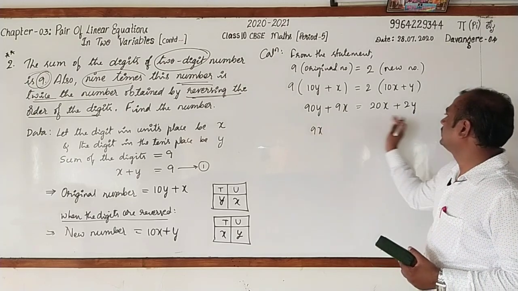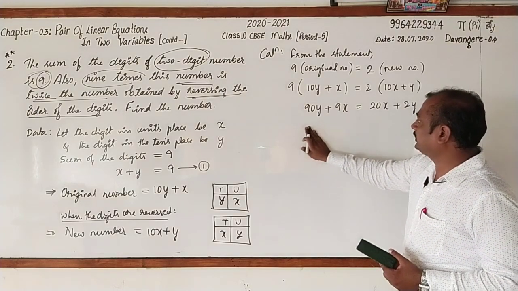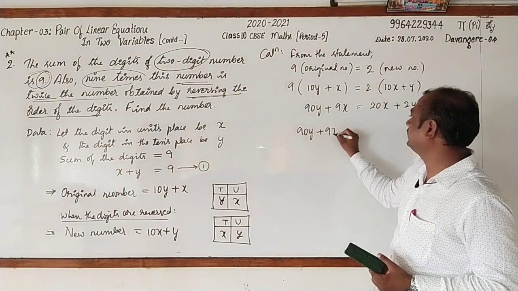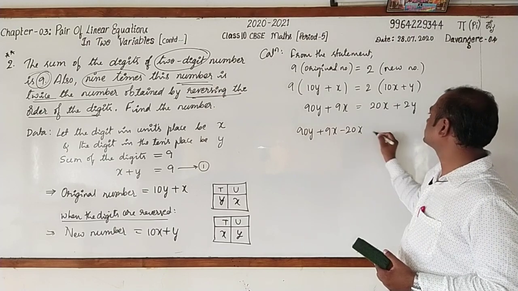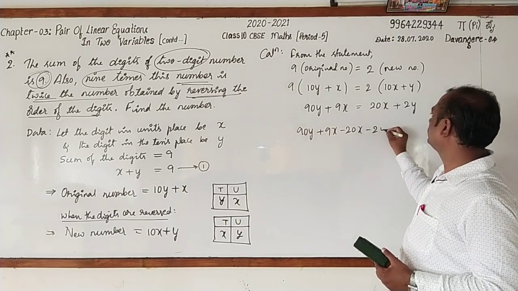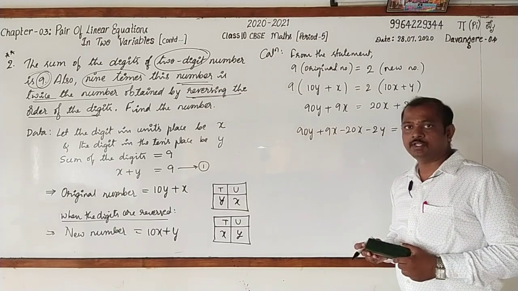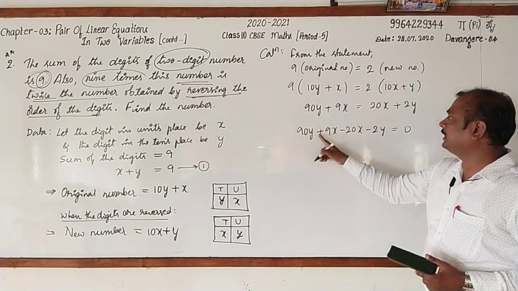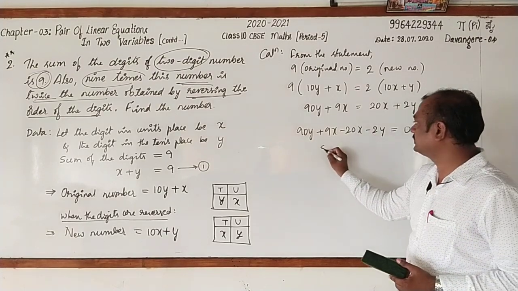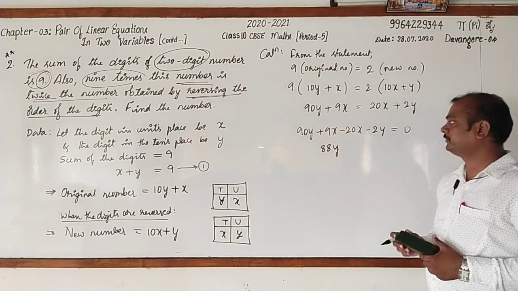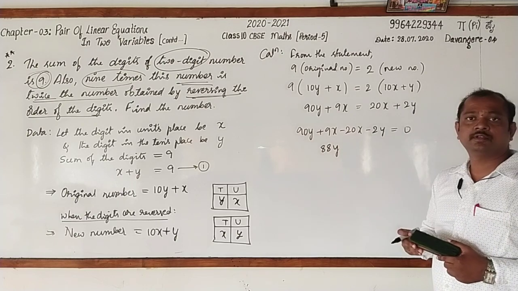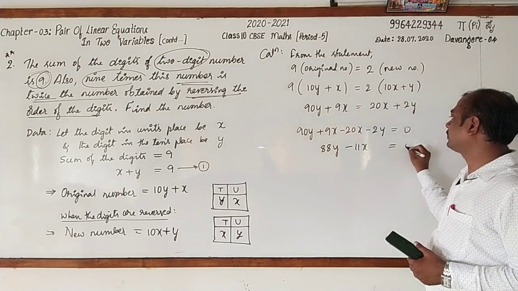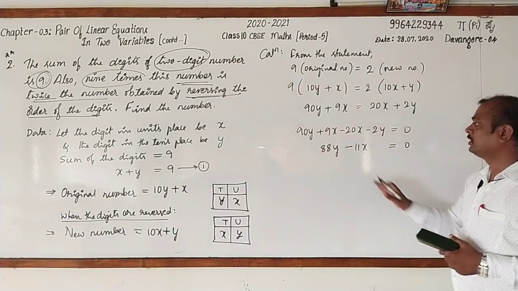Alright, let us write all the terms on the left hand side: 90y plus 9x minus 20x minus 2y is equal to 0. Next, 90y minus 2y is 88y. 9x minus 20x is minus 11x, equal to 0.